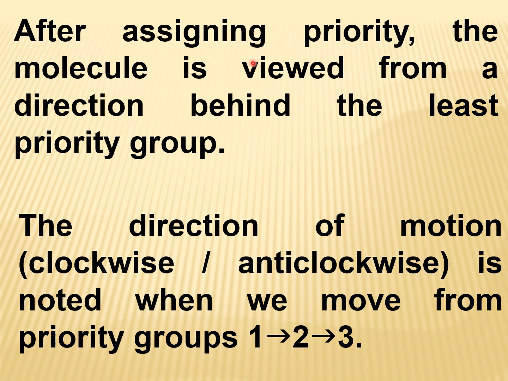We have assigned the priorities. Now we are viewing the molecule from a direction behind the least priority group, and then we move from priority 1 to 2 to 3, and we note the direction of motion, whether it is clockwise or anti-clockwise.